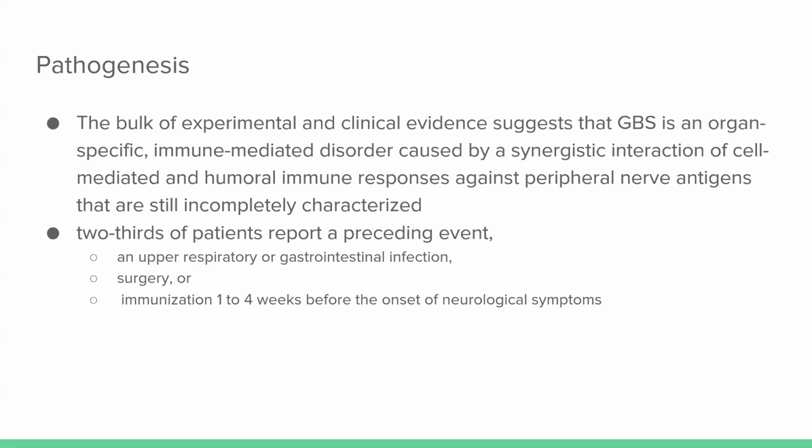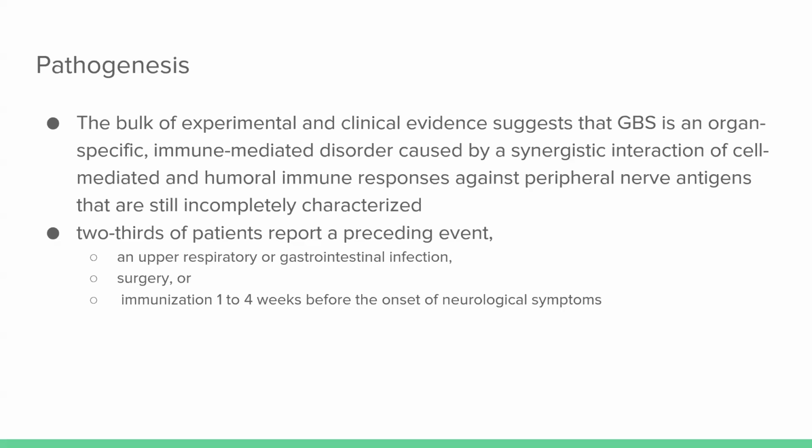Pathogenesis is immune mediated. There is a synergistic interaction between the cell mediated and the humoral immune responses against some peripheral nerve antigens. It's not fully elucidated, but that's what the theory is. In 2/3 of the cases, we have a preceding event that will trigger the autoimmune reaction.